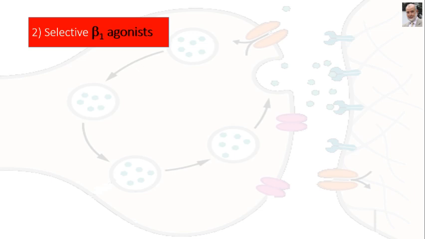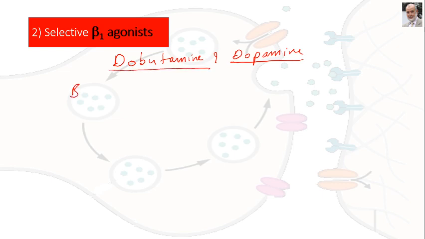The second group of selective sympathomimetics are selective beta-1 agonists. We'll take two important examples in this case, dobutamine and dopamine. Dopamine actually is not very selective, as we will see later, but it is important to speak about it in this place. Dobutamine is a selective beta-1 agonist.